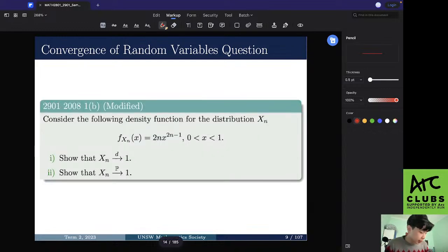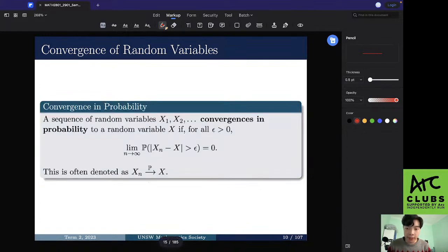So here's a second question. Instead of having a D, we have a P, and the P stands for convergence in probability. So this is something you might notice with convergence. We have a sequence, and we want to show that this limit is somehow equal or approximately equal to a limit that we have.